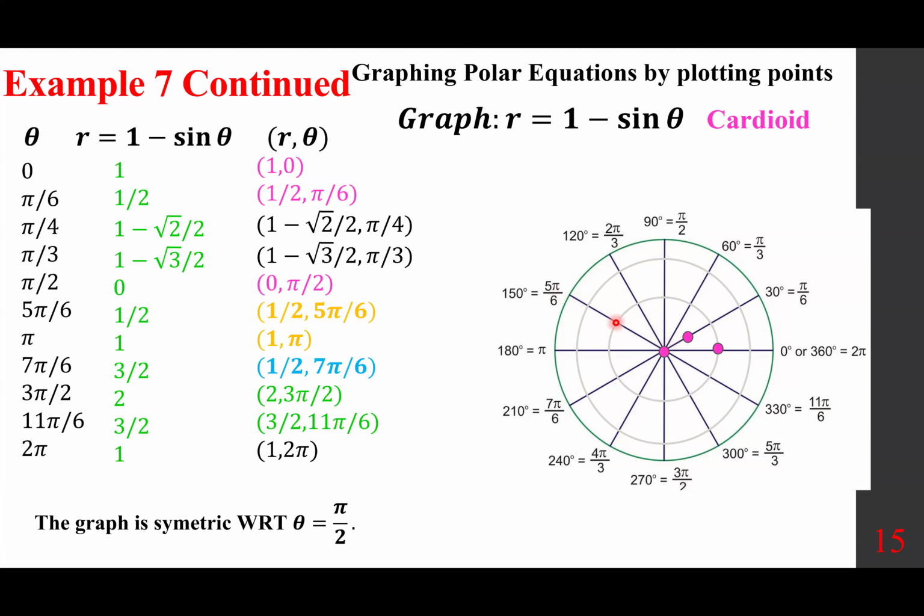So this is 1, so roughly here. Then 1 pi. So I go with pi or 180 degrees. So this one, and just the first circle. Just to give you an idea right here, everybody.